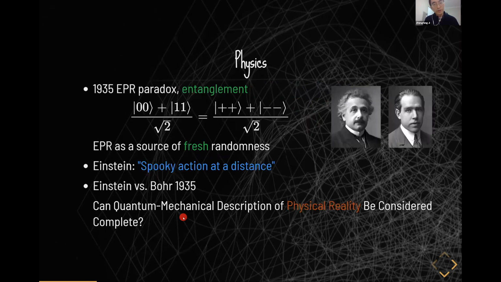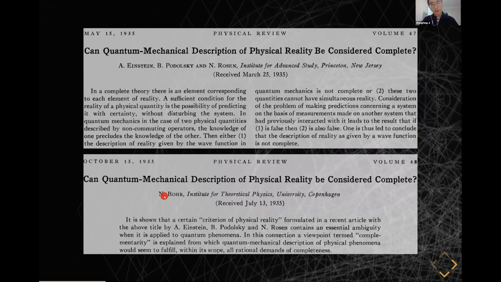And in physics, I guess people are more familiar with this part. It starts from the EPR paper in '35. Einstein called this phenomenon spooky action at a distance, and it was later named entanglement, and it also led to a debate between Einstein and Bohr about the completeness of quantum mechanics. They each published a paper in the same year in the Physical Review debating this question.